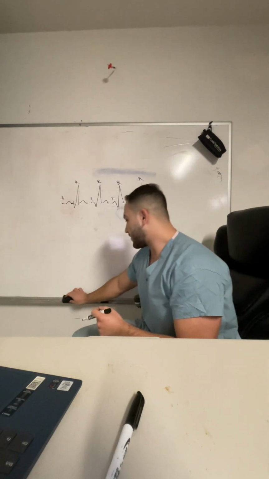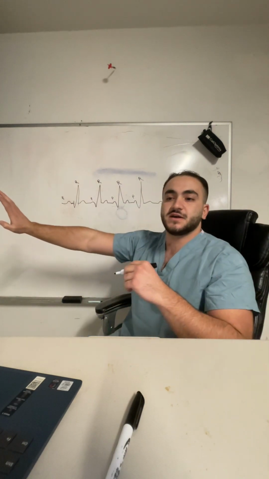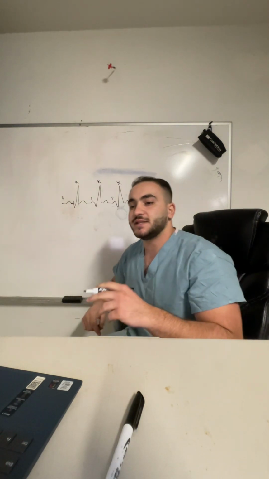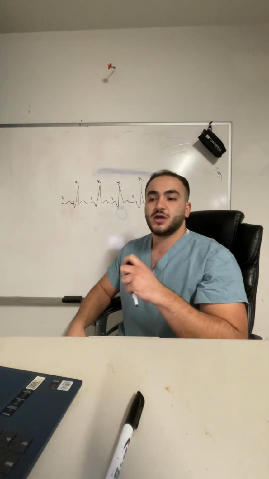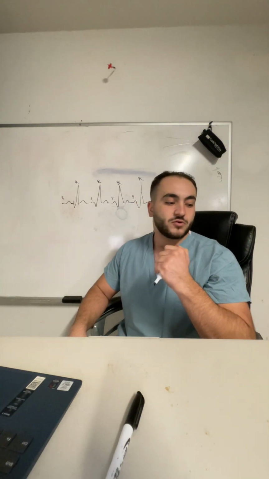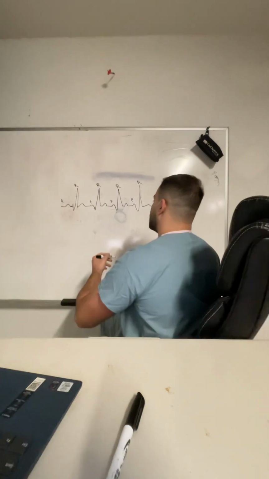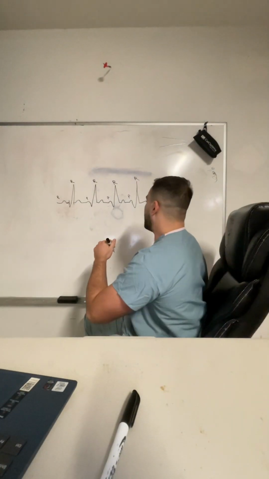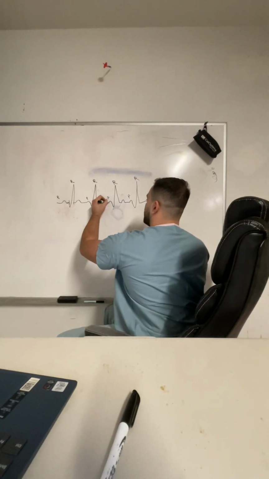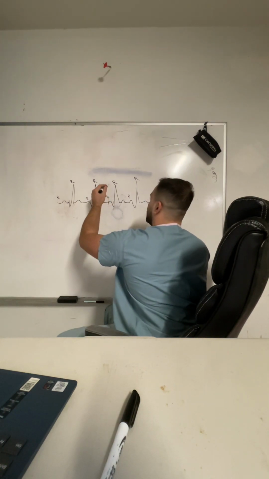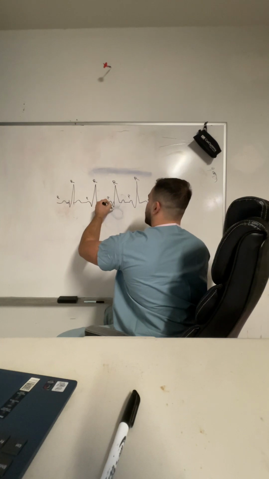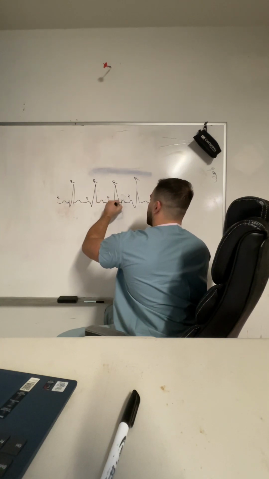Now, this is where more of the math part comes in. This is where we go back to the small boxes and big boxes. Now we're going to measure the QRS time, and we're going to measure the PR interval. So we're going to measure the distance from P to Q, and then we're going to measure the Q to S interval.